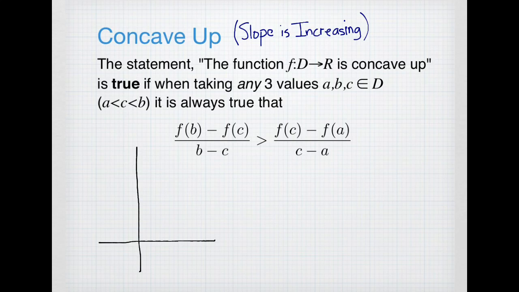So let's consider our three points. We have our point A, we have our point B on the right, and C in the middle. And what it says is if I have my points, the slope from A to C, so here's a point and another point, I can calculate the slope of that segment.